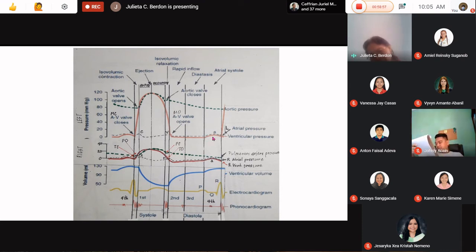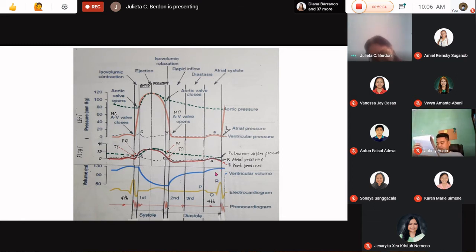And then, so when the atrium will contract, there is an additional amount of blood that will go to the ventricle. So you look at this one. And according to the books, the volume of blood that is added during atrial contraction is about 20% of the cardiac output.